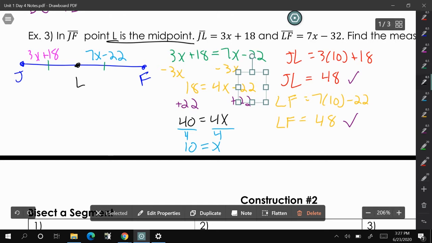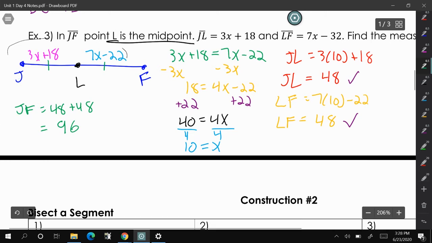Now you could plug in 10 for x, write an equation here and add them up and see what you get. But since we both know they're 48, that just means JF is going to be 48 plus 48, which is going to be 96.